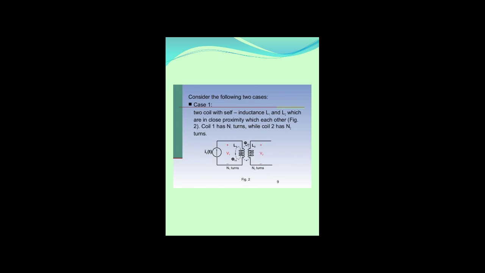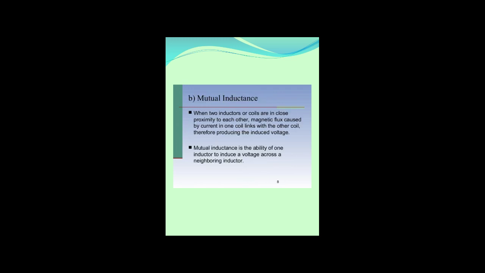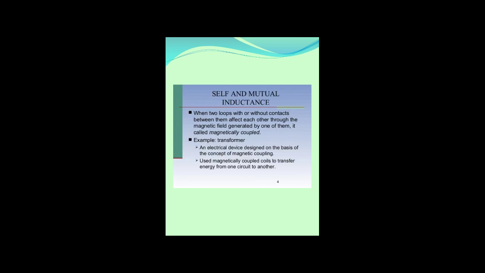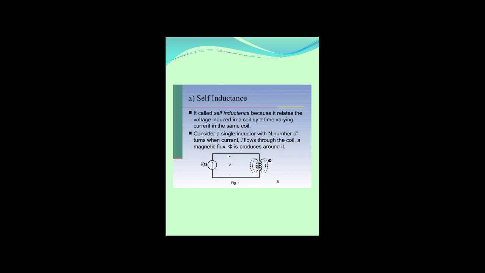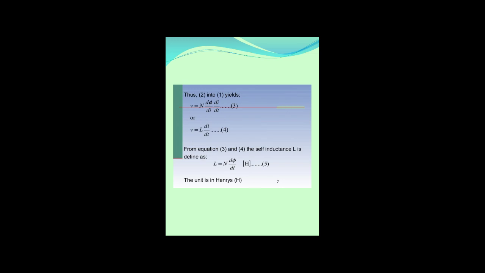So d phi upon dt, the change in flux, is due to change in current, which can also be written as V is equal to N d phi upon di into di upon dt. Now we compare both the equations.